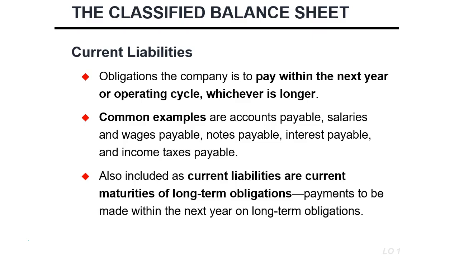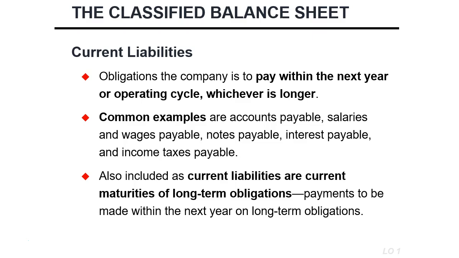So on the liabilities section, you have your current liabilities as well as your long-term liabilities. A current liability is an obligation that will be paid within the next year or within the operating cycle, whichever is longer.